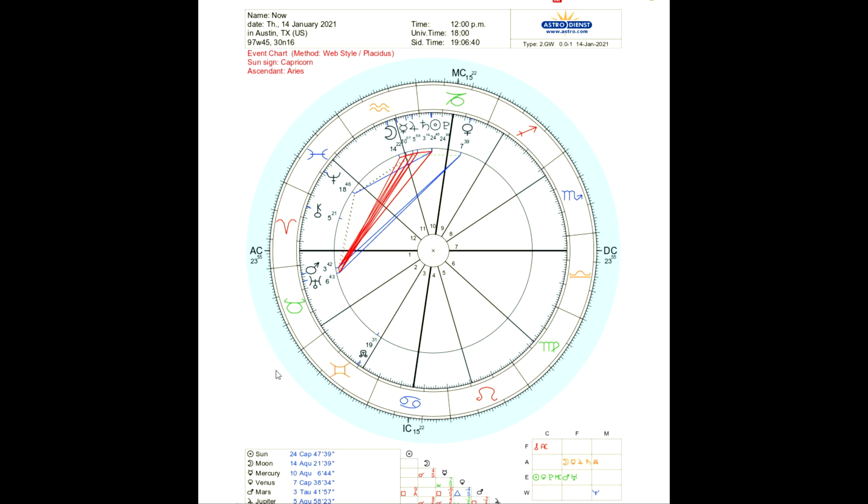So each sign contains 30 of these tick marks, with bigger ones to denote 5 degrees apart. So we've got 1, 2, 3, 4, 5 is a big one. So we have the signs of the zodiac displayed around the circle here, and they are our framework to tell us where certain planets or points are.